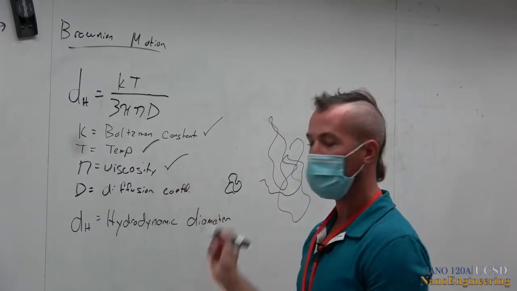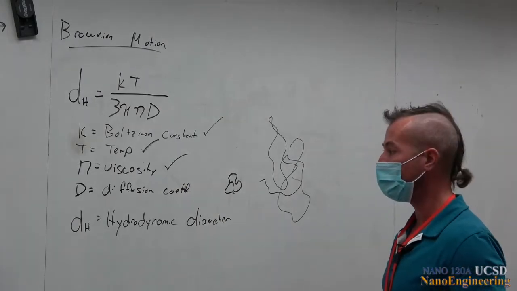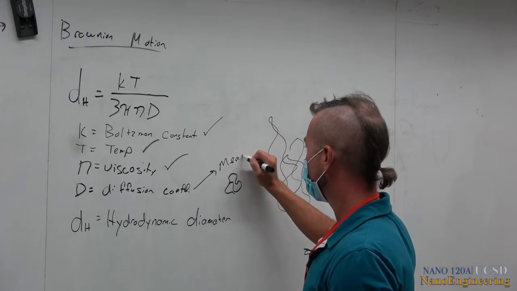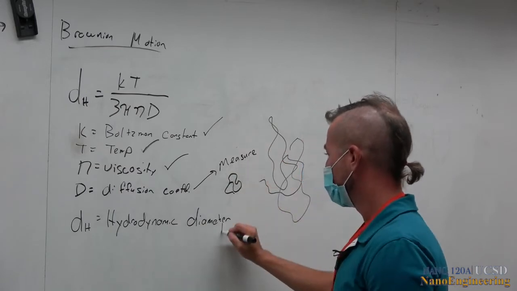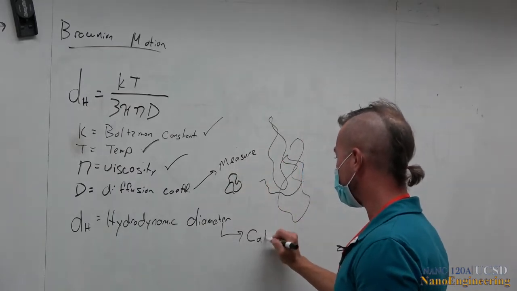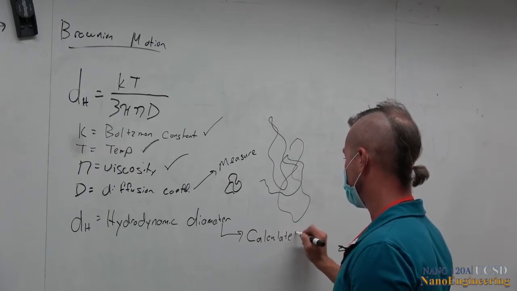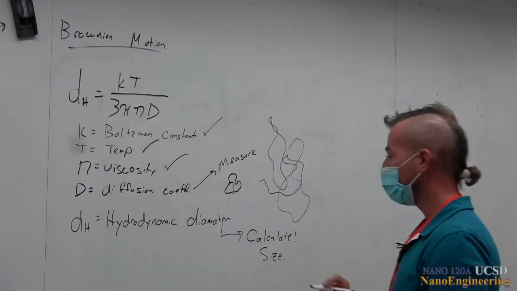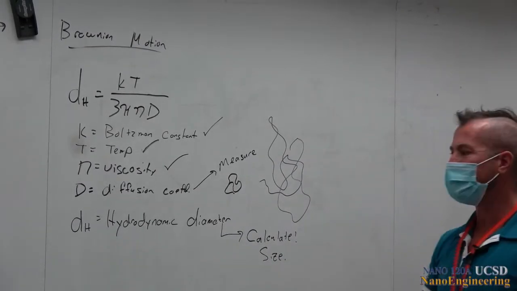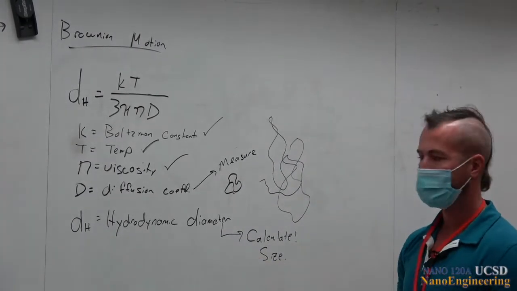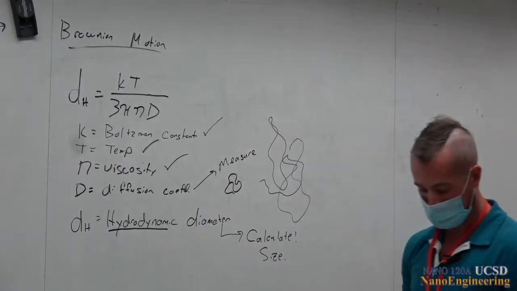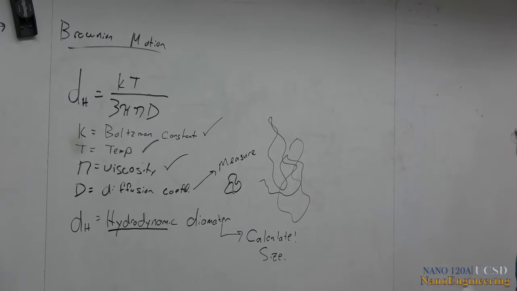We know this because we know what our solvent is. This is what we're going to measure. And this is what we calculate. So this is our nanoparticle size. But notice that I'm not saying size, right? I'm clearly saying hydrodynamic diameter. So what do we mean by that?